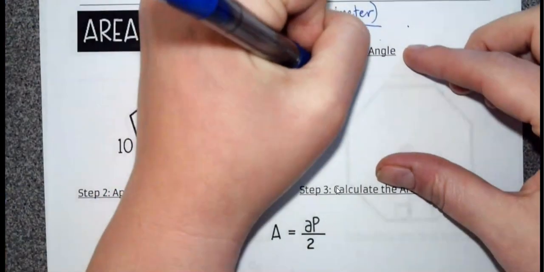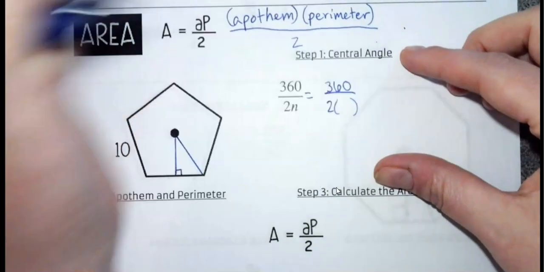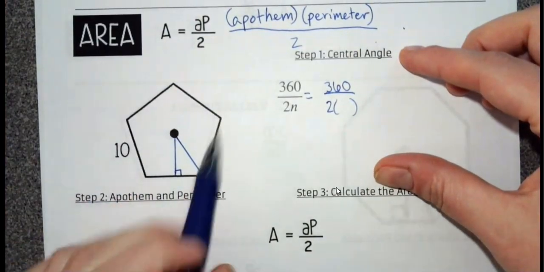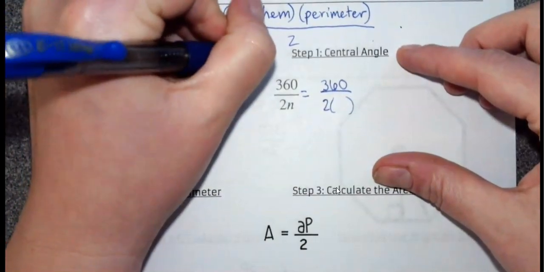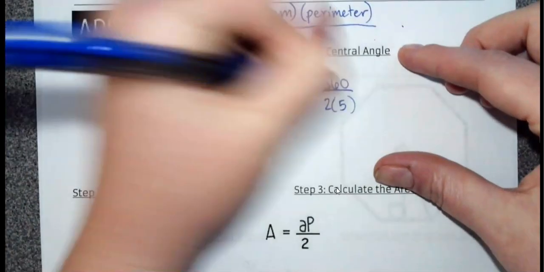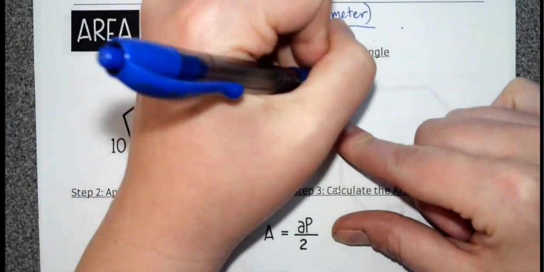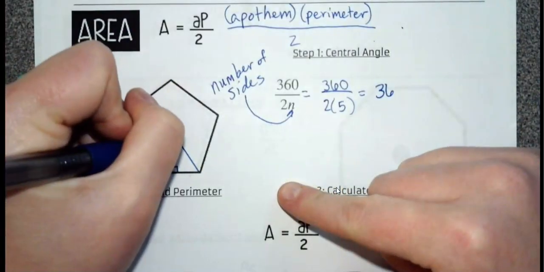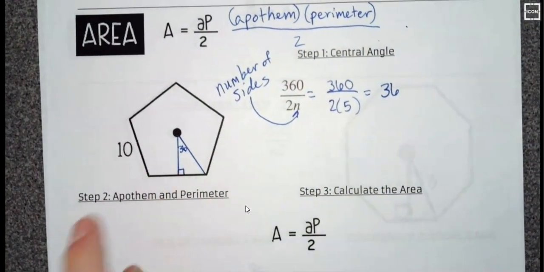So 360 divided by 2 times n. It changes based on the shape, because it's not always a 5-sided shape, but n is just the number of sides. So yes, 360 divided by 10, or 2 times 5. Please don't write 25 there. 360 divided by 10 is 36. So that is this angle right there, in the center of our shape.